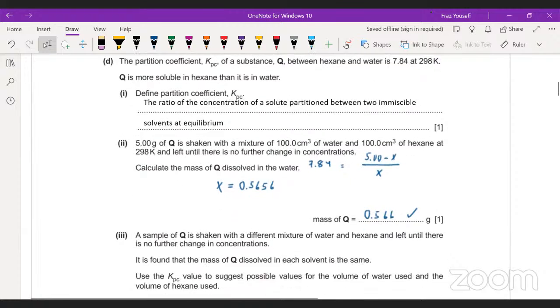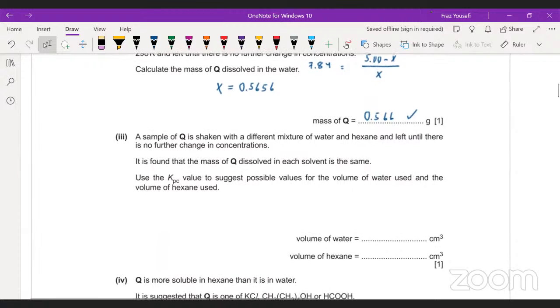So that means that if I want to dissolve the same amount of the solute, the volume of your water should be 7.84 times greater than the volume of hexane in which the same mass would dissolve. That's what this means, that it's 7.84 times more soluble in the organic solvent than it is in water. That's what they're trying to tell you when they give you the KPC.